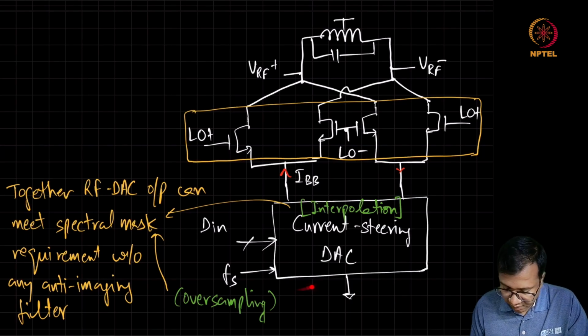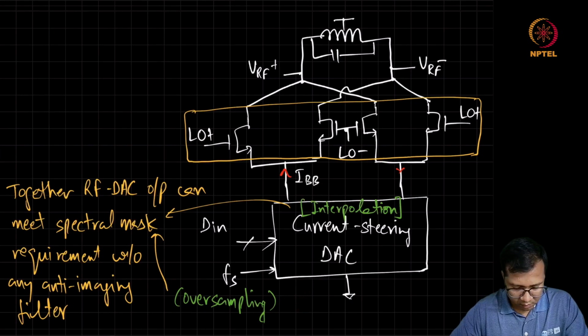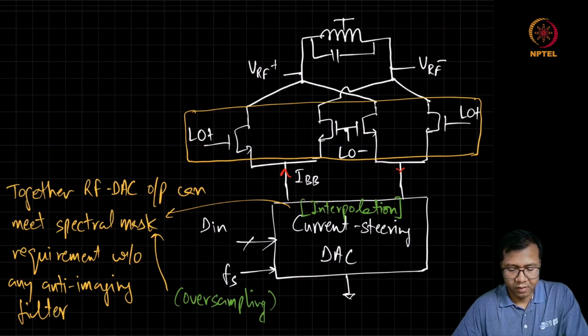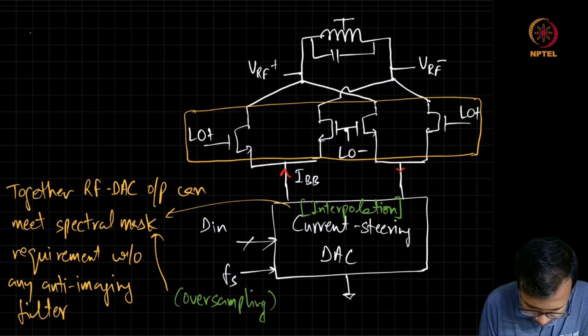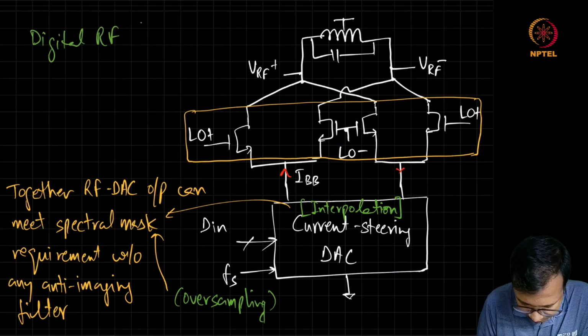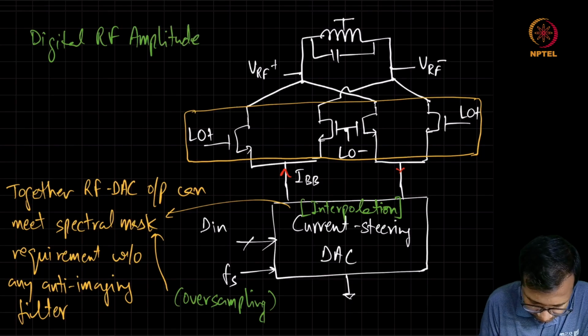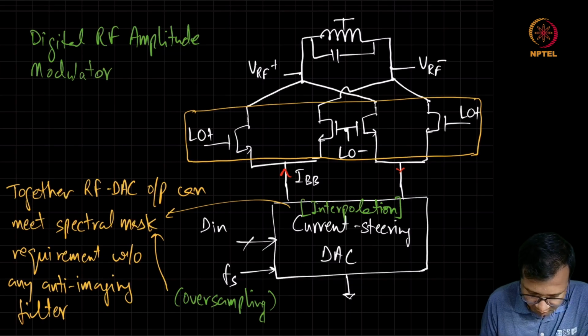So this kind of circuit, you can already see that is going to be highly reconfigurable. This circuit is also called a digital RF amplitude modulator. So that is another name for RF-DAC.